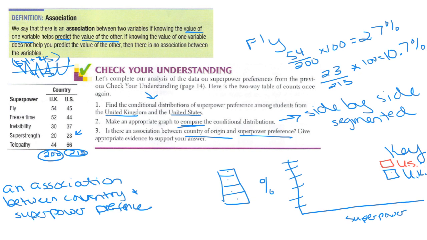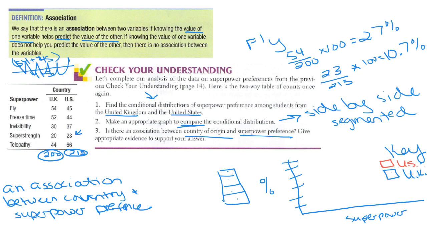Students in the UK are more likely to choose flying and freezing time: 27% for the UK versus 20.9% for the US, and 26% for the UK for freezing time versus 20.5% for the US.